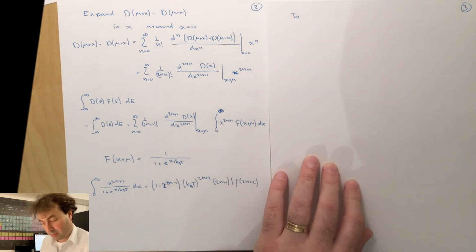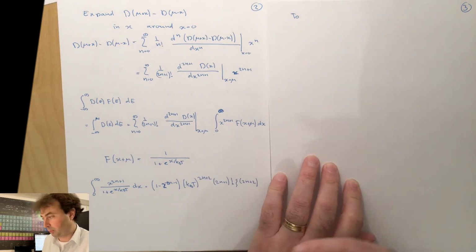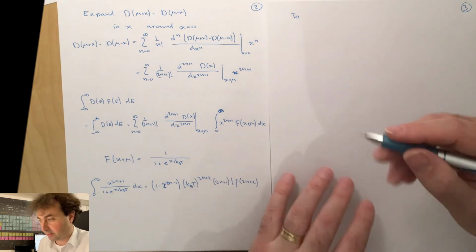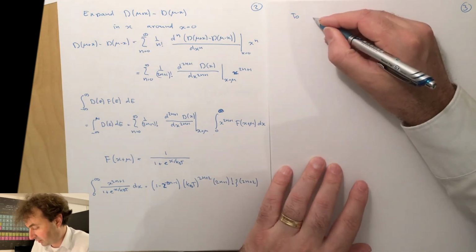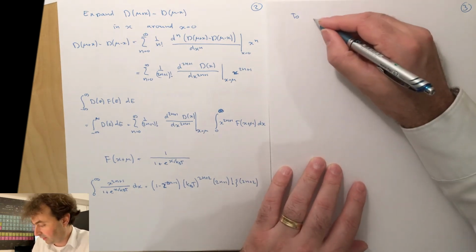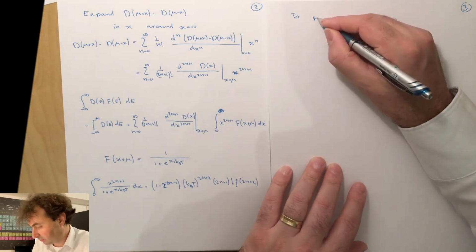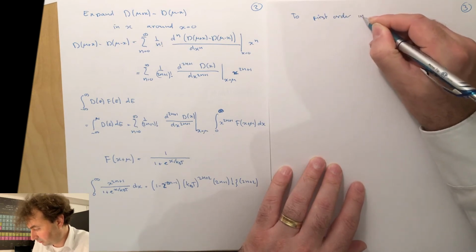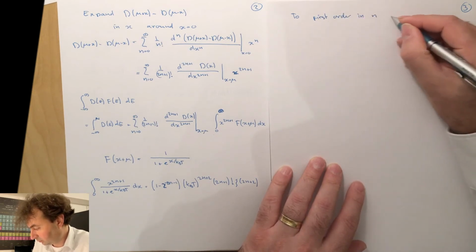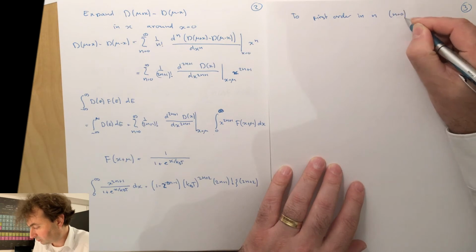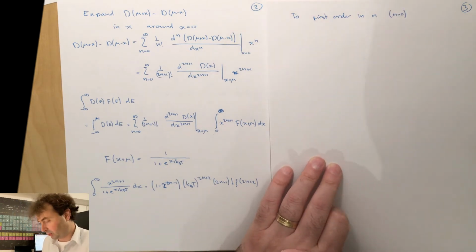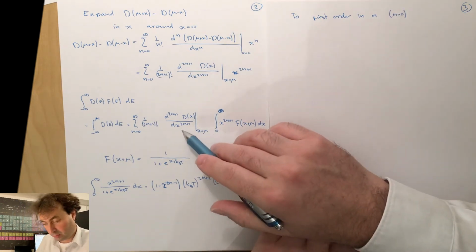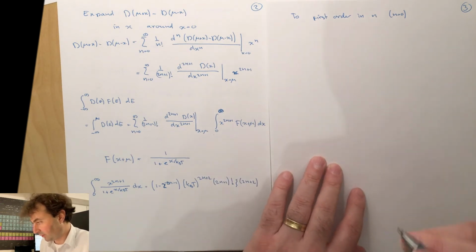The first approximation that we make is that we only go up to first order. So we only look at the derivative and not at the higher order derivatives of the densities of states and the chemical potential, which means we have to go to n is 0, because I took 2n plus 1 as my derivatives.